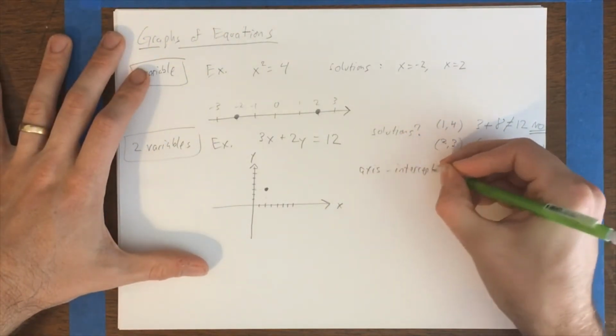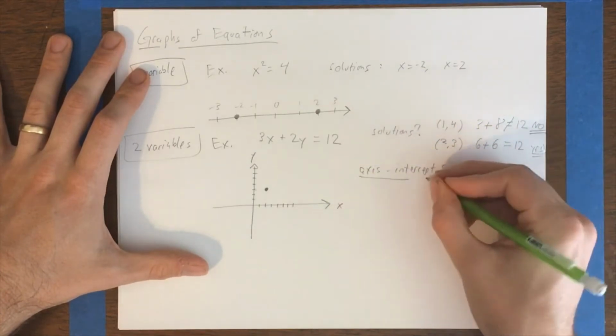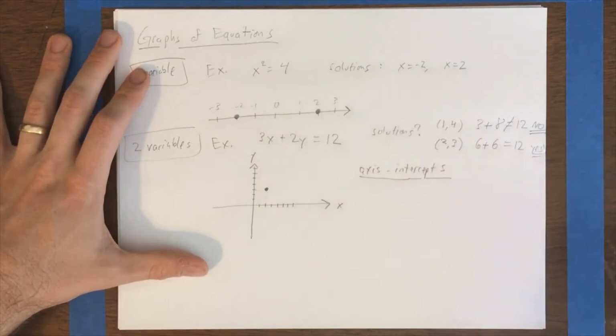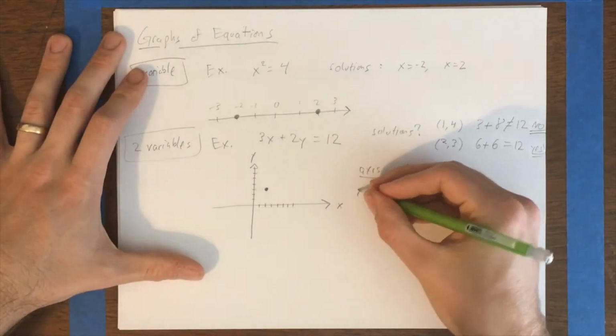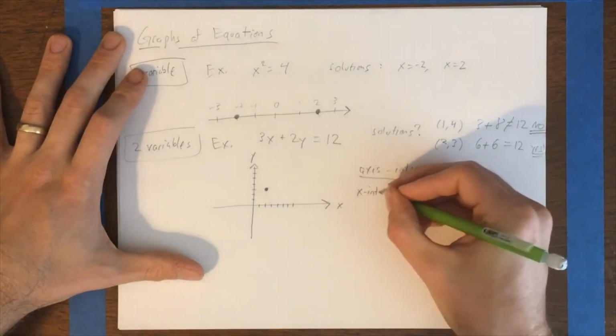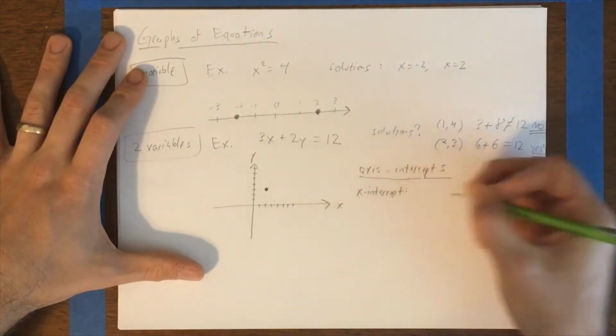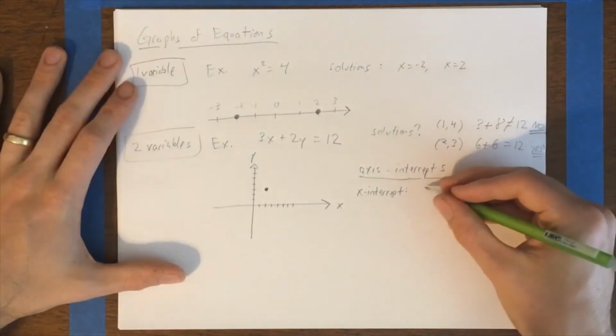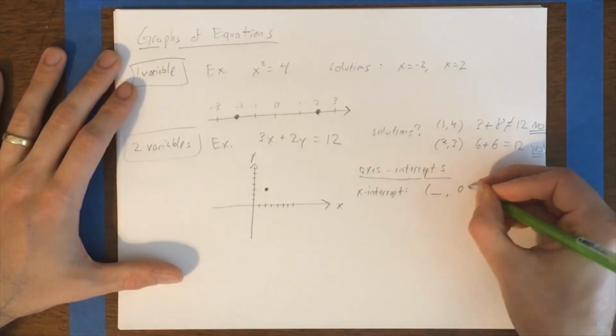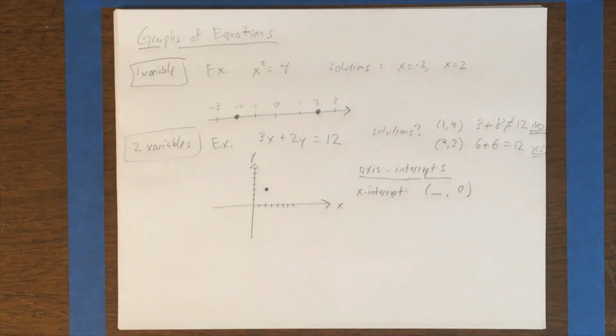The reason they're simple is because axis intercepts always have 0 as one of the coordinates. So if we want to find an x-intercept, what we want is a point where the y-coordinate is 0. So it's going to be a point in that form, something comma 0, right?